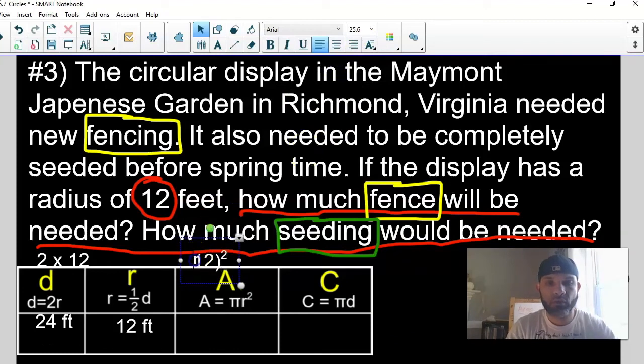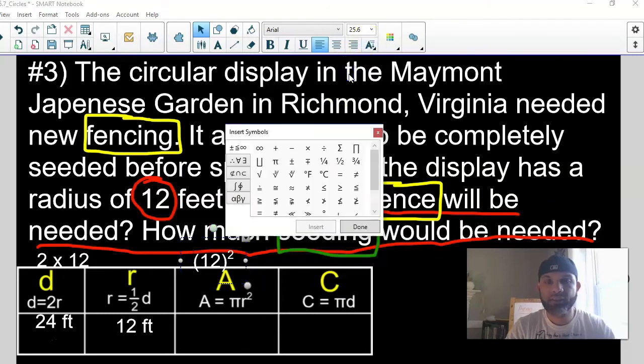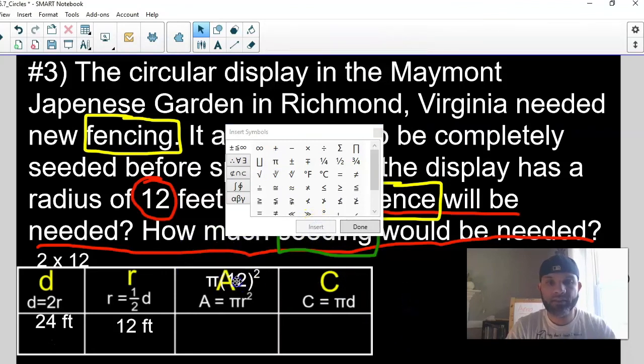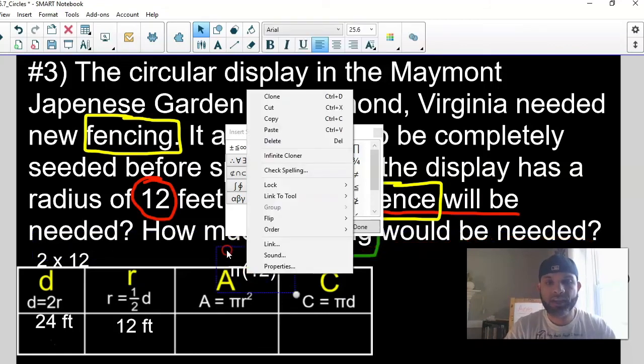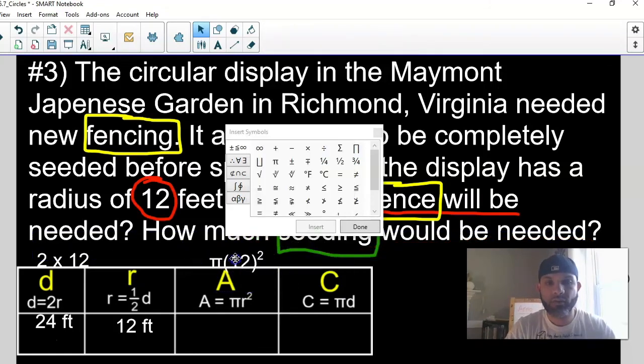So here we have it: pi times the 12 squared. What is pi times 12 squared?